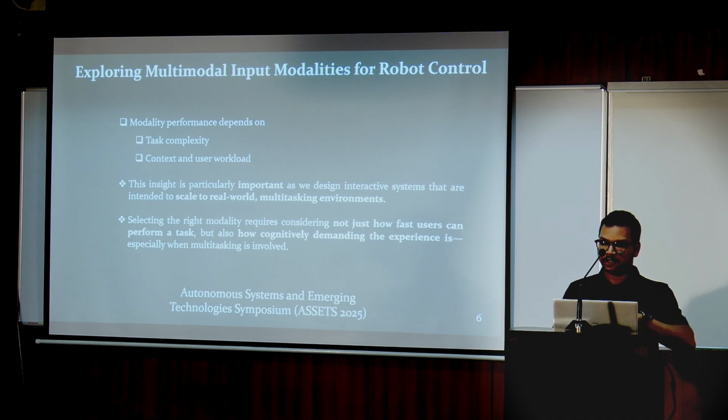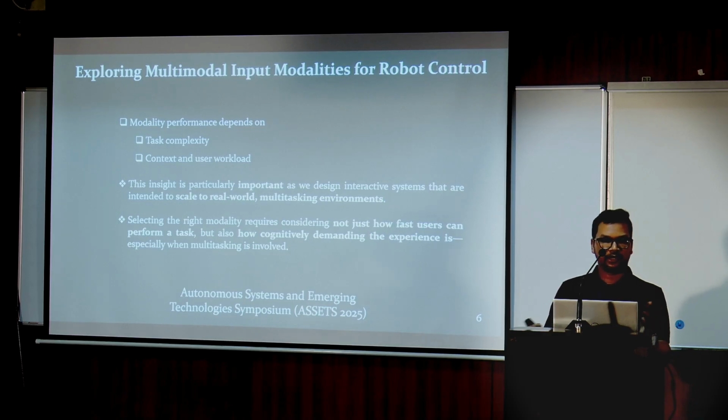This insight is particularly important if you are trying to design interactive systems intended to scale to a real-world multitasking environment, considering not just how fast the user can perform the task, but also how cognitively demanding the experience is, especially when multitasking is involved.